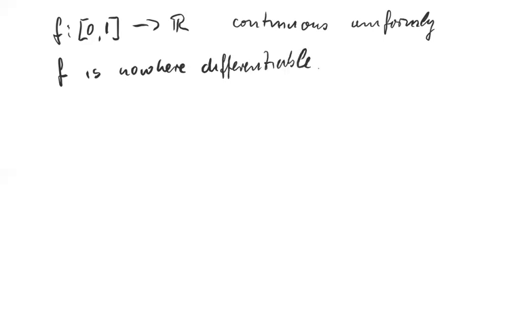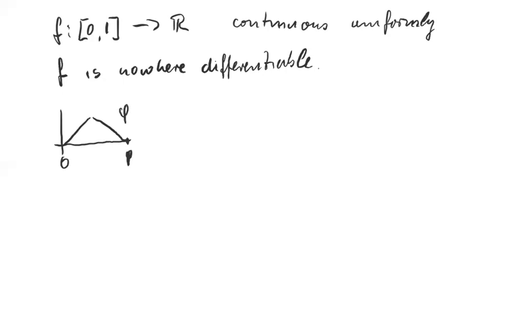Has everyone seen such a function before? Nowhere differentiable continuous functions. It's related to the absolute value function. The construction is actually quite simple. You start on 0, 1 with basically this function. You can write down the formula for this function.